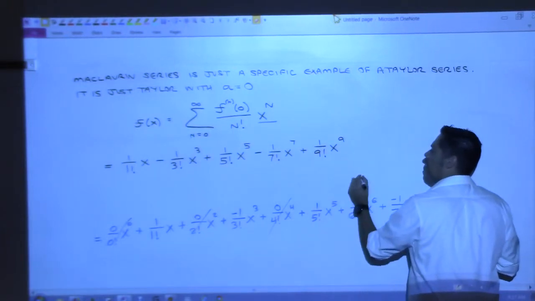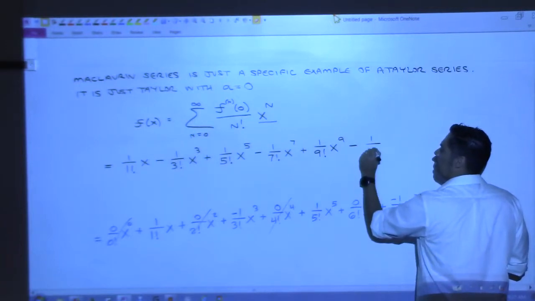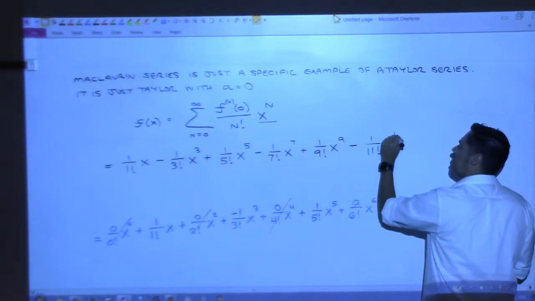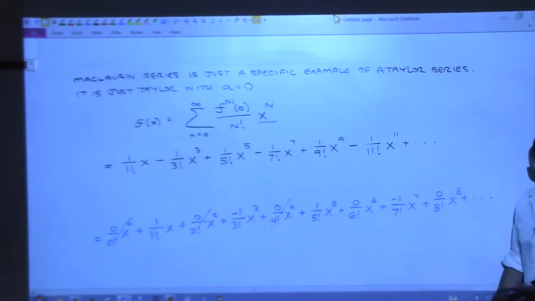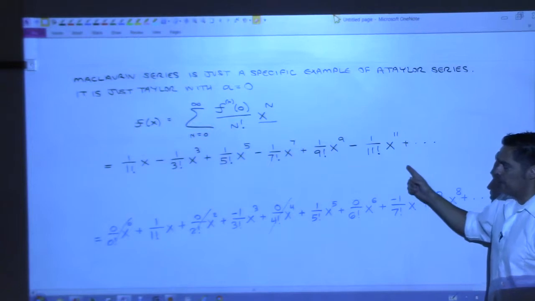Let's see if you really get it. What's the next one? Minus 1 over 11 factorial x to the 11th plus dot, dot, dot. You get the idea? Okay, now, that is the Maclaurin series for sine. This is it right here. This is the Maclaurin series.